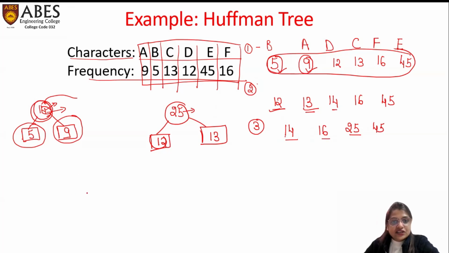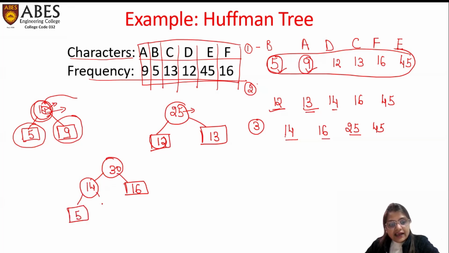Now the new structure will be: the first extracted node, 14, will come as the left child. Our next extracted node, 16, will come as the right child. And the sum of these two will be 30. 14 was the internal node, so its subtree will be drawn like this, as it was earlier.